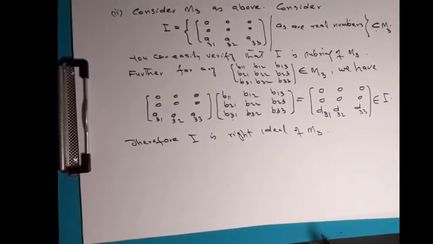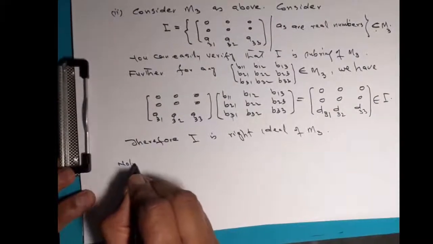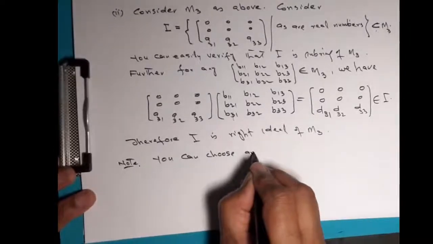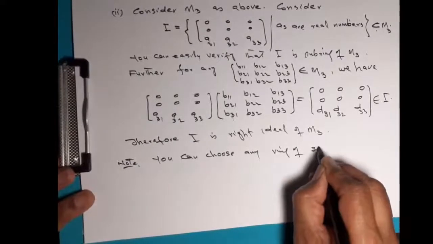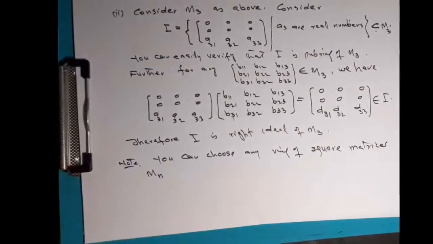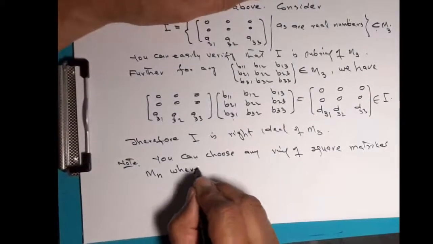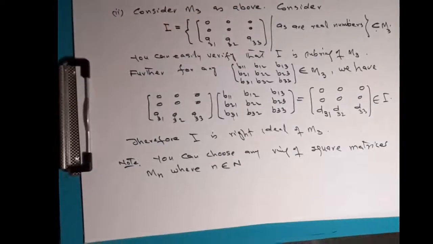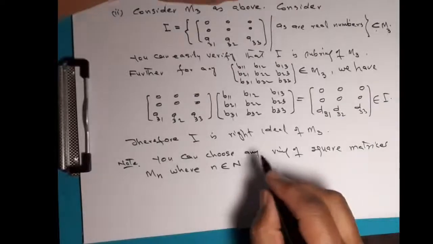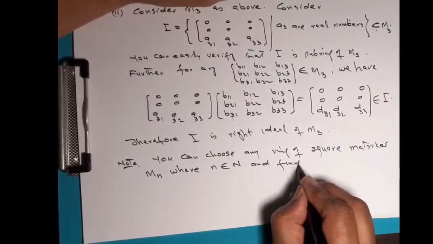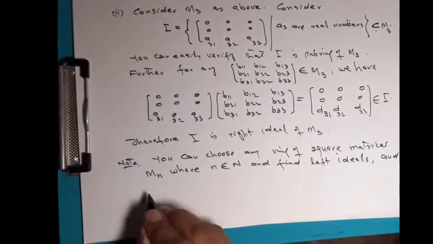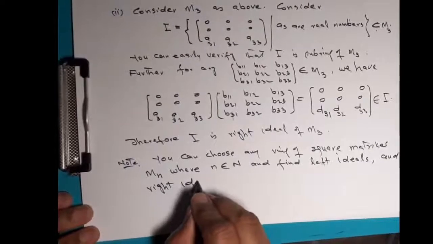So we took these simple examples. In fact, note you can choose any ring of square matrices Mn, where n belongs to the set of natural numbers, and find left ideals and right ideals as above.